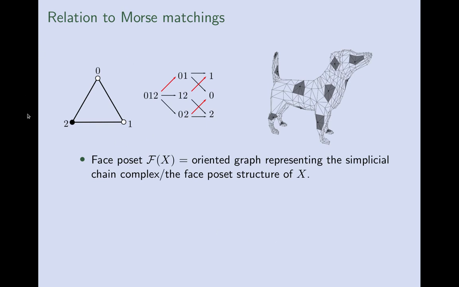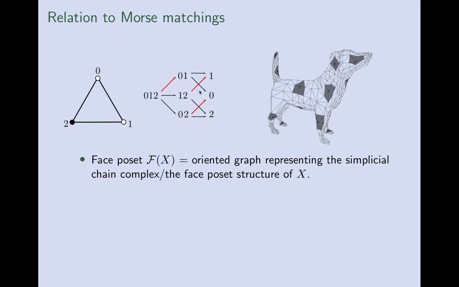But anyway, if you have a simplicial complex, ignore the bicoloring here for now. In this case, the two-simplex. You can look at its face poset, which is basically an oriented graph whose vertices are the simplices inside X, and whose arrows represent face inclusion and are oriented in the direction of decreasing dimension.